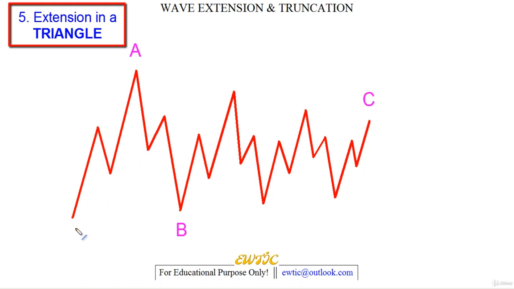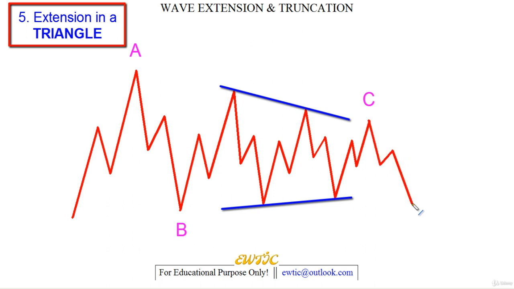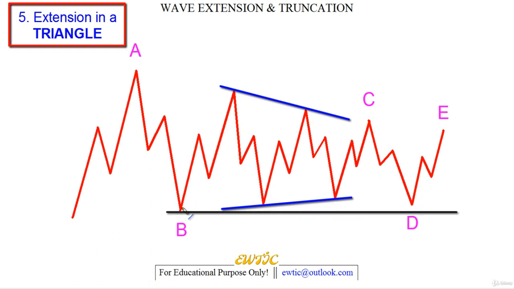And then you see this is A, this is B, this is wave C triangle, and then what you see is a wave D here, right? And then wave E, right? This wave D should not go beyond the termination point of wave B, according to the rule for a triangle. So this is a triangle where clearly wave C has extended, right?